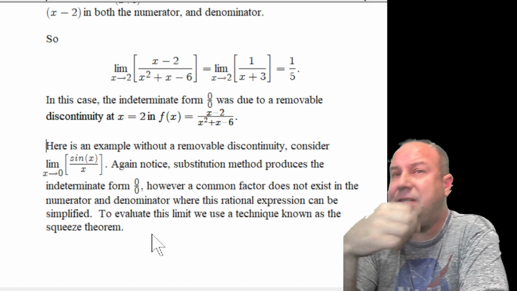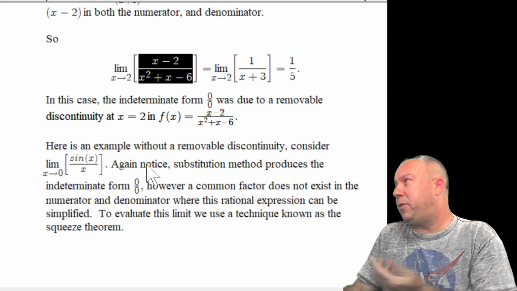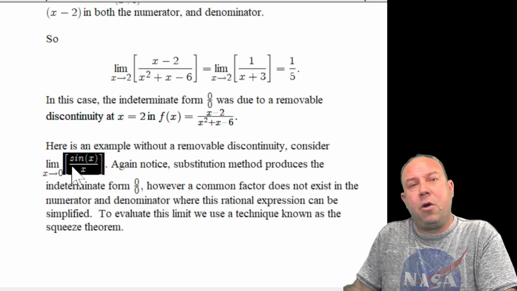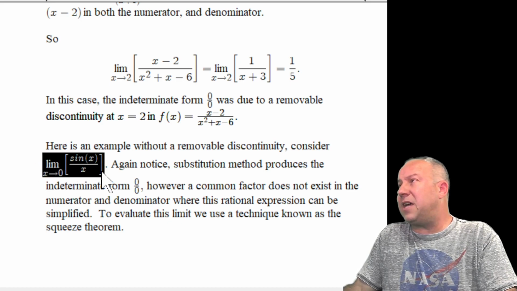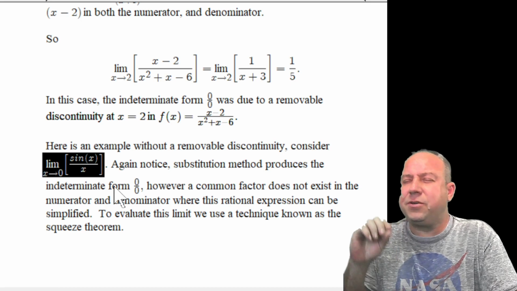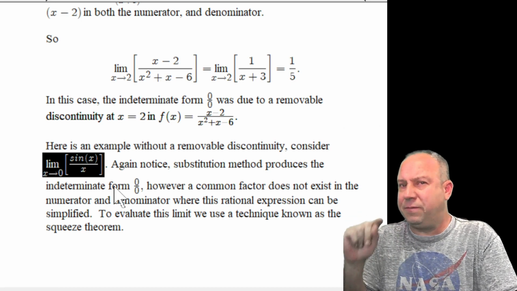That worked nicely because we were dealing particularly with a purely rational function. What we see in this next limit, the limit as x heads to 0 for the sine of x over x, is that it is a rational form, but it is not purely a rational function.